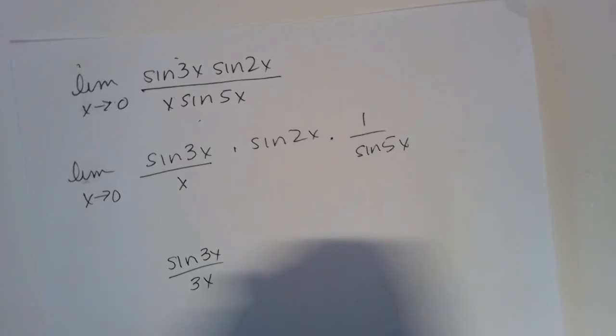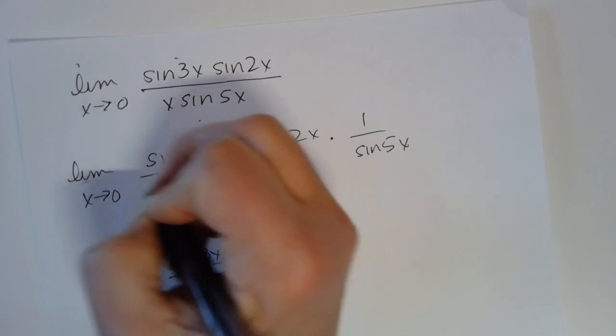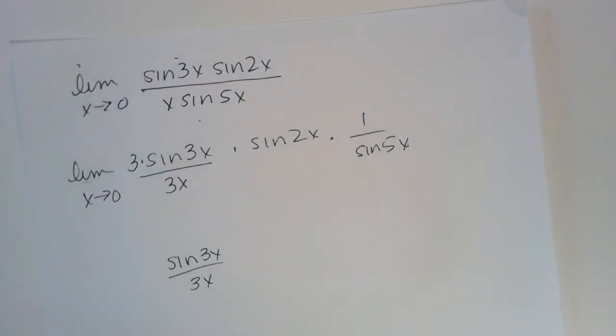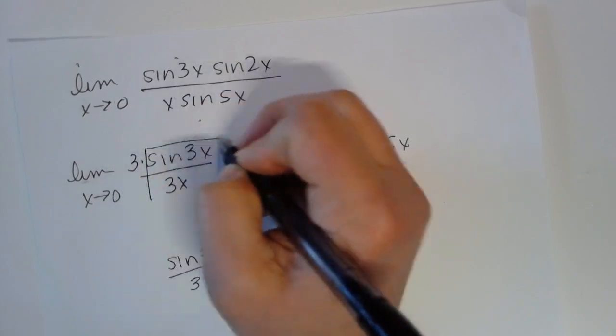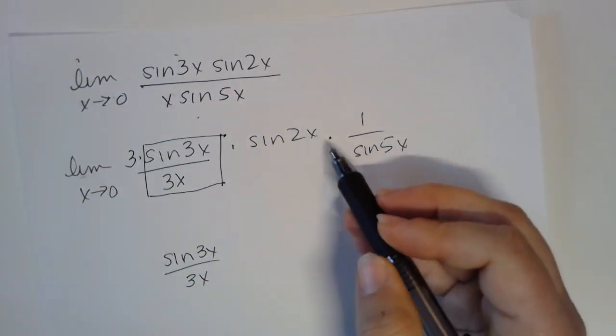So what I'm going to do with this one is multiply. If I want the 3 down here, of course I have to multiply the 3 up here, okay? And now I know that this here is 1. Now both of these, I have a bottom and a top here.